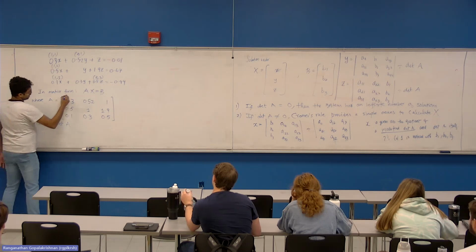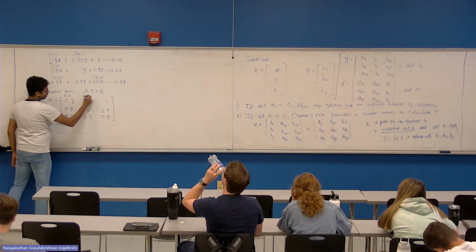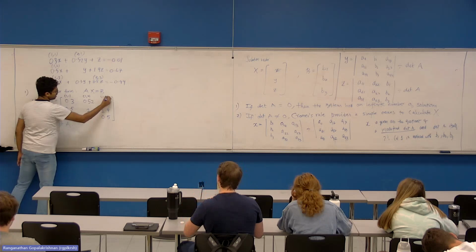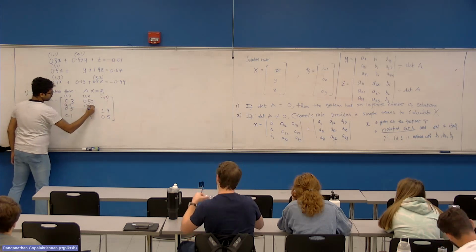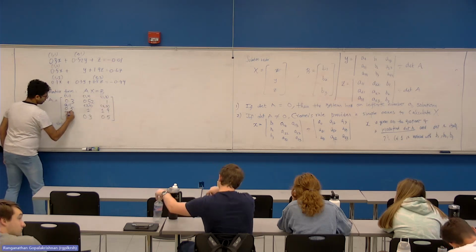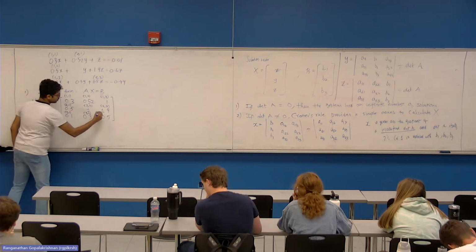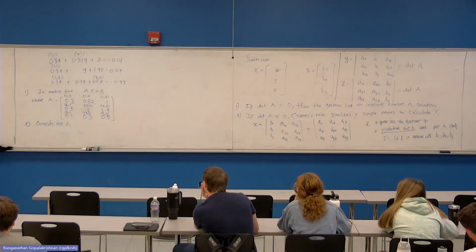You have your indices, right? 1 and 1, 1 and 2, 1 and 3, 2 and 1, 2 and 2, 2 and 3, 3 and 1, 3 and 2, 3 and 3. Those who know, just go ahead and compute the determinant.